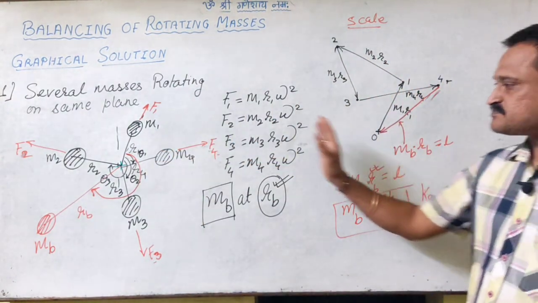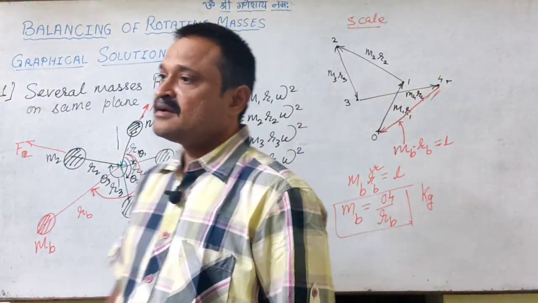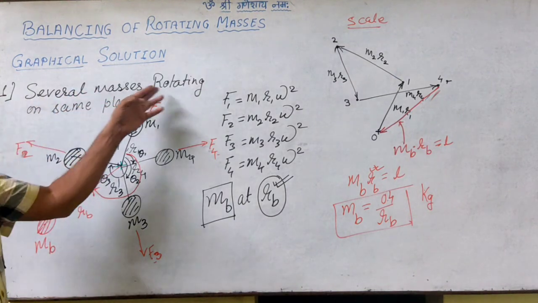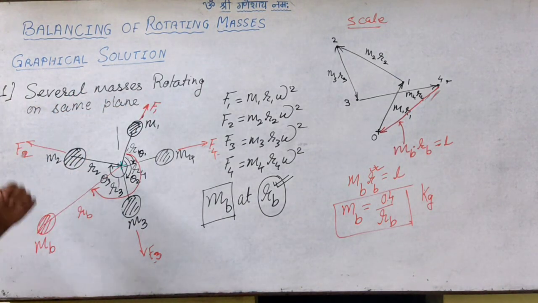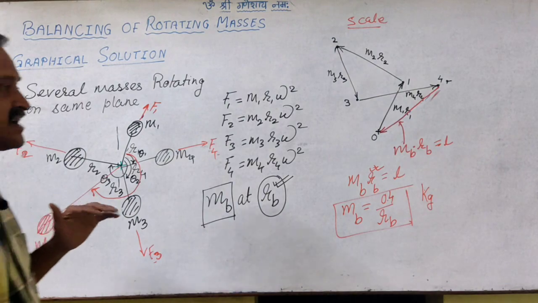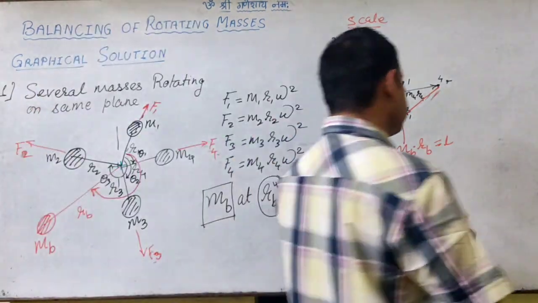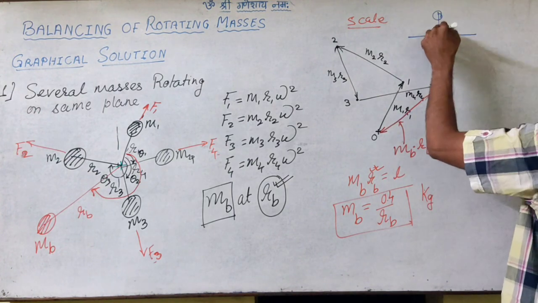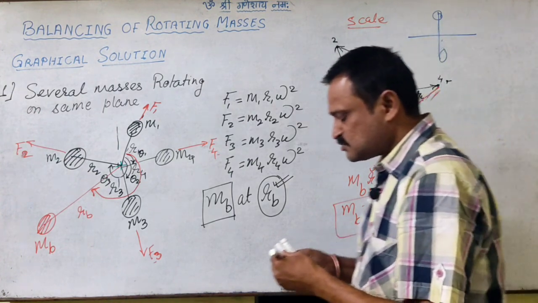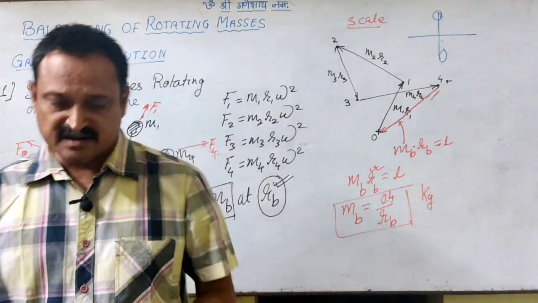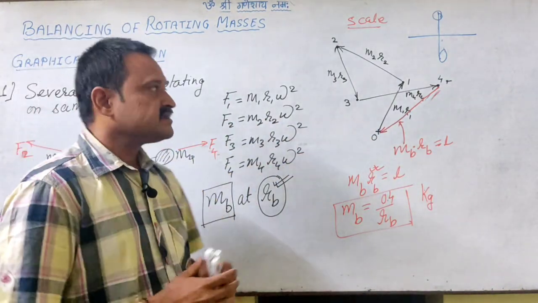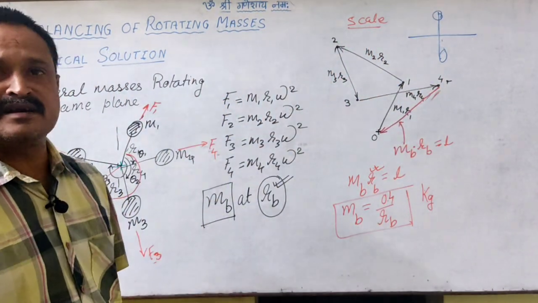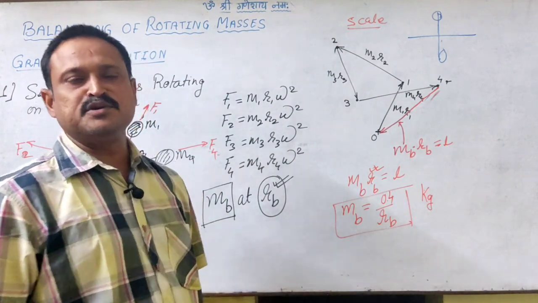So that is how in this case we can balance this system where several masses are rotating on the same plane. Now as all these masses are rotating on the same plane, there is no issue of moment, because the resultant force and their distance from the reference, whatever you consider, is going to be the same.